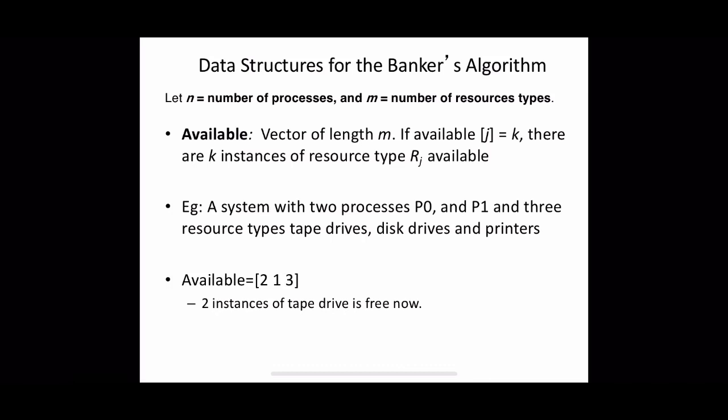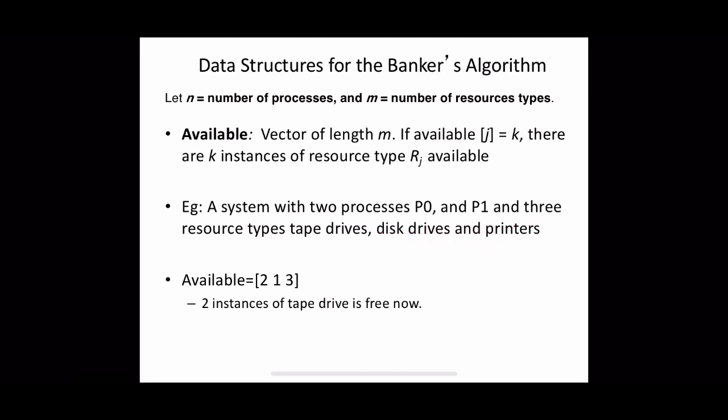Now the first data structure is Available, which is a vector of length m, where m is the number of resource types. For example, Available[j] = k means k instances of resource type Rj are currently available or currently free. Suppose in our system we have two different processes P0 and P1 and three resource types: tape drives, disk drives and printers.